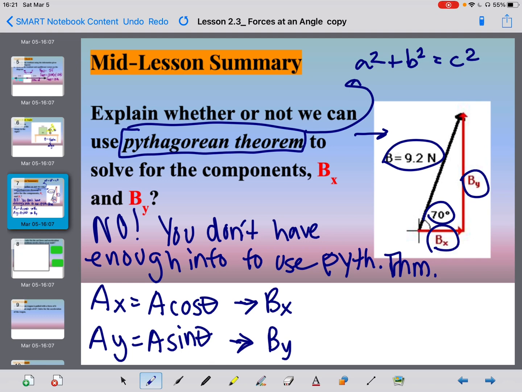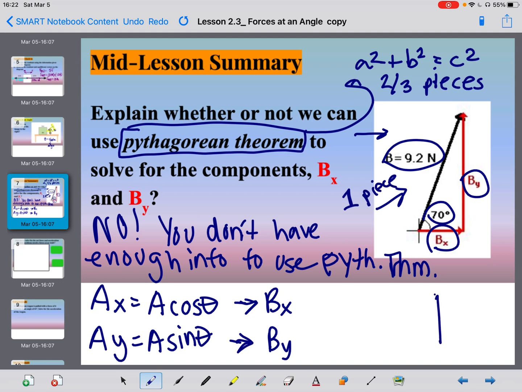In order to use the Pythagorean theorem, you need to have 2 out of 3 pieces in order to solve. So why can't we do this? Because you only have one piece, which is what we call the hypotenuse in math, but for us we call it the resultant.